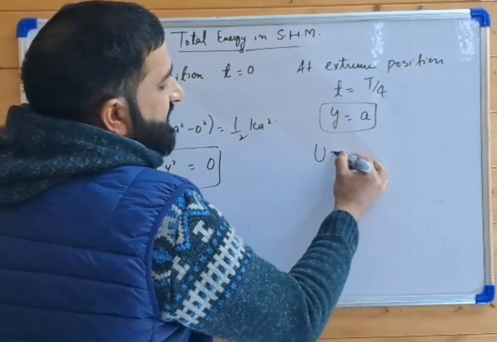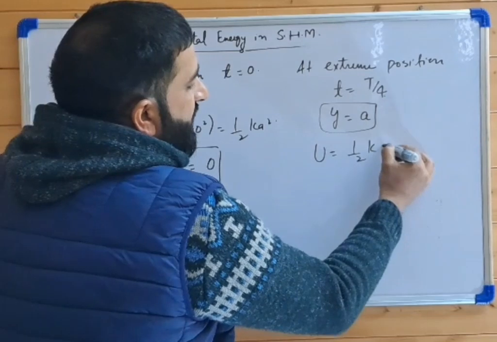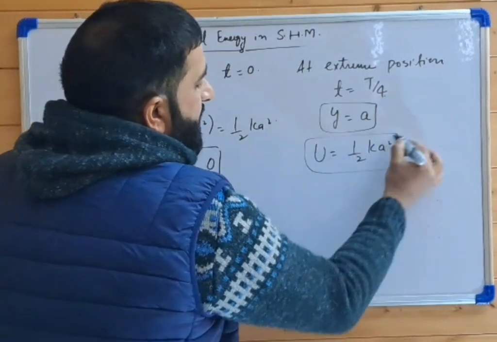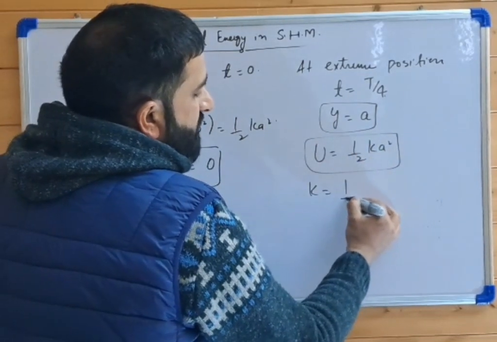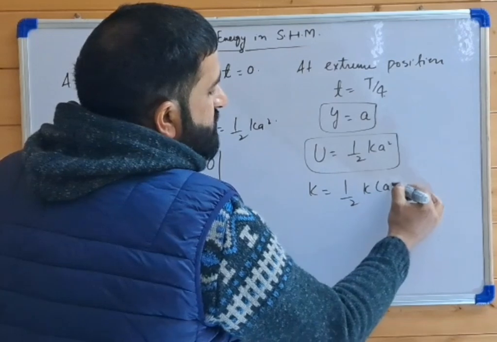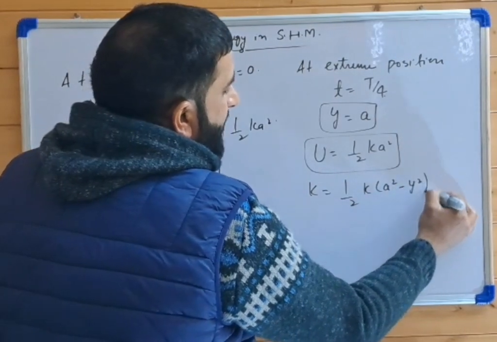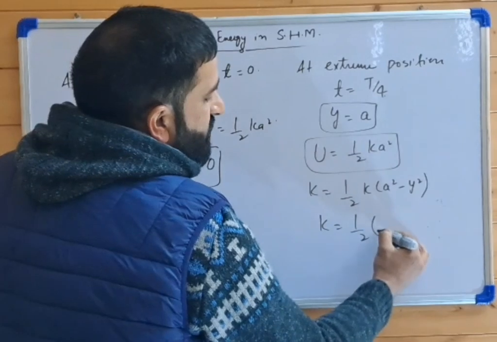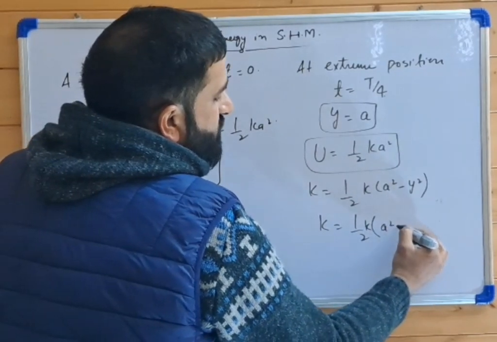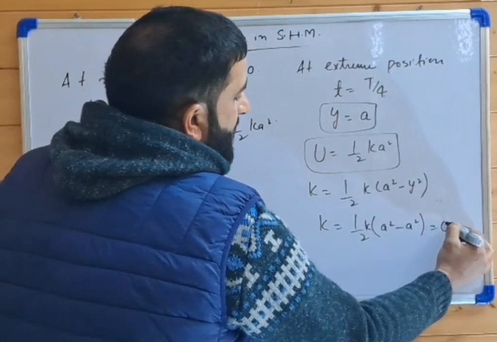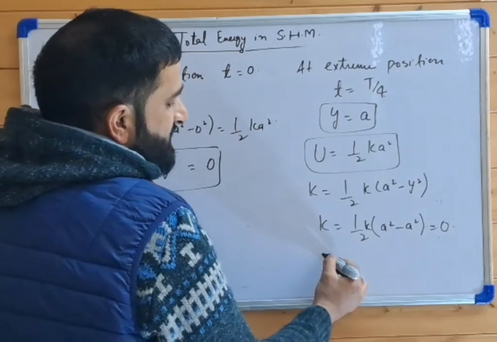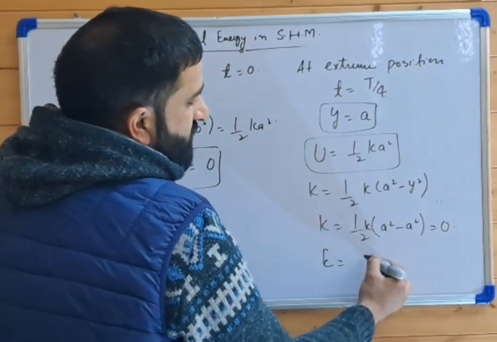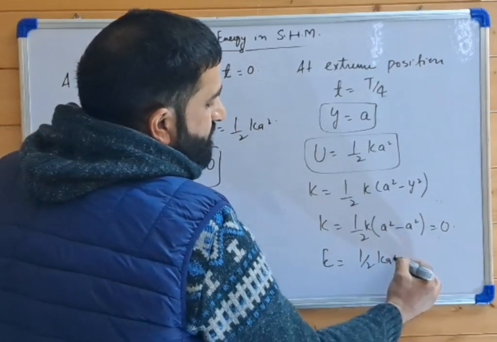So potential energy is equal to 1 by 2 K A square. Now kinetic energy is equal to 1 by 2 K A square minus Y square. But here Y is equal to A, so kinetic energy is equal to 1 by 2 K A square minus A square, so kinetic energy is equal to 0. So the sum total of energy is equal to 1 by 2 K A square.